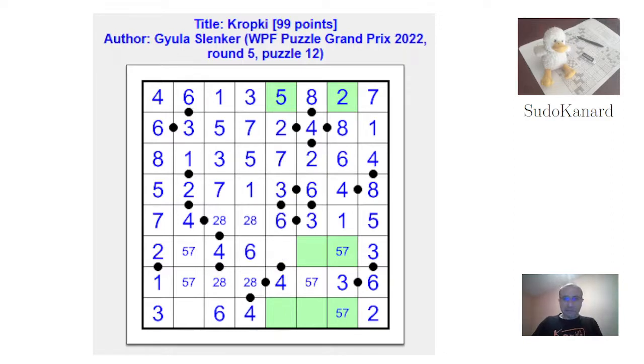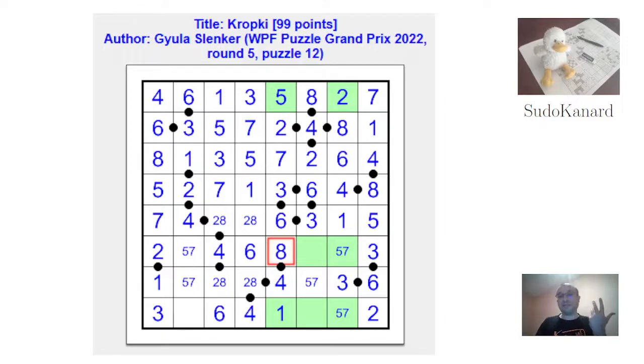But it so happens that I made a mistake. If you look at this, there was indeed this black dot here that I forgot to put on the pencil marks. So now 8 has to go here, that's a 1.